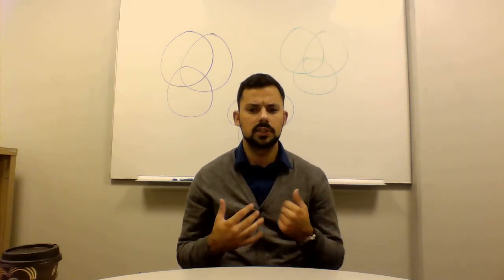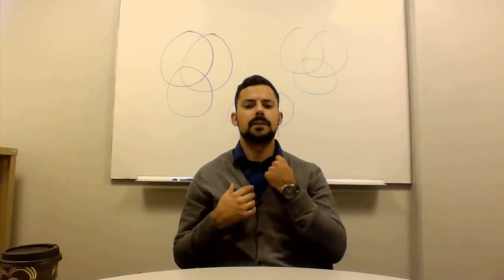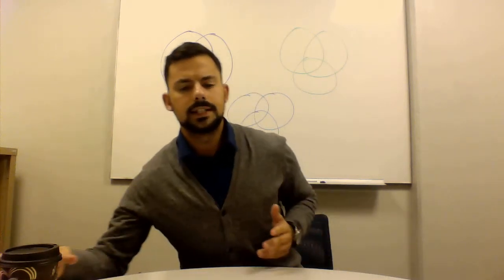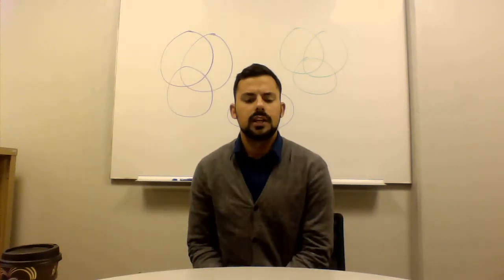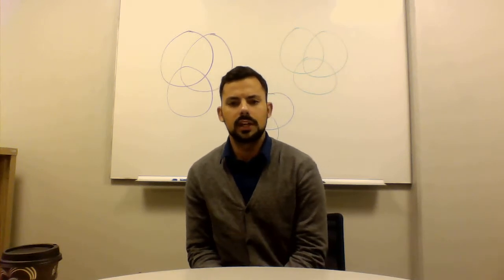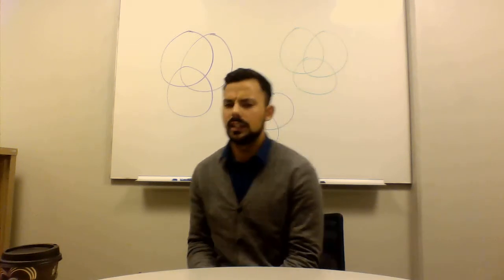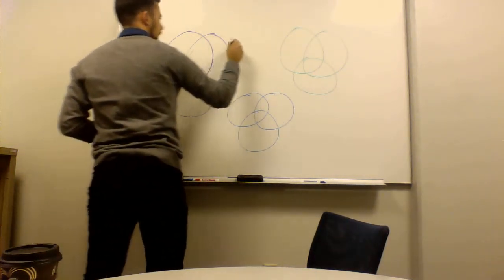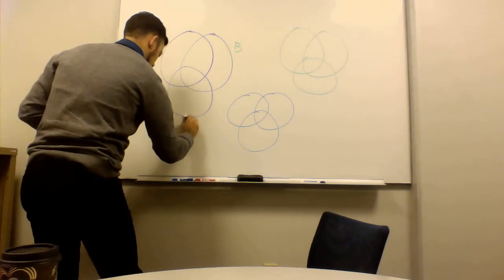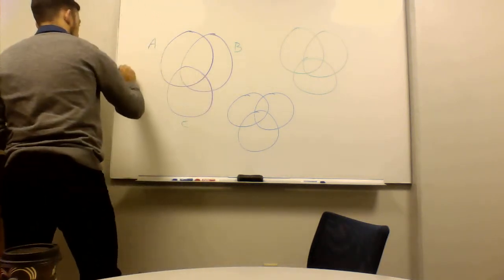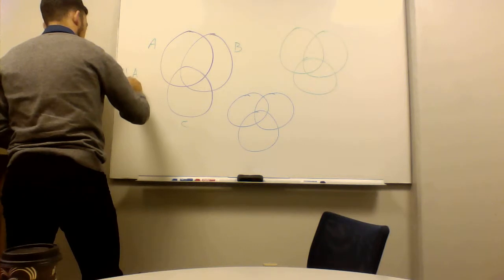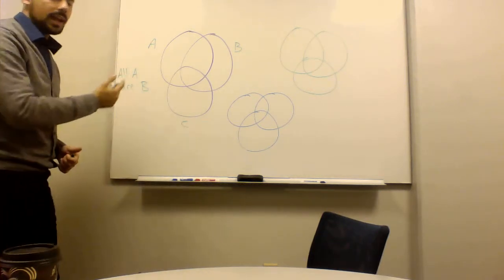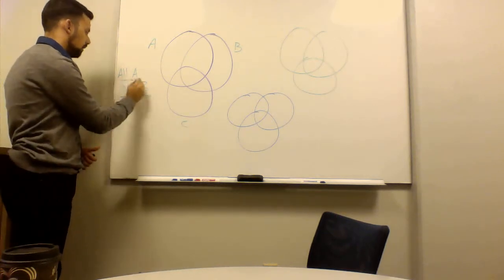It may make sense once we start getting some examples. We know what a certain diagram would look like if, let's say, the proposition was all A are B. Let's do that real quick. So let's say A, B, C, and we want to say all A are B. In order to diagram this proposition, what do we do?